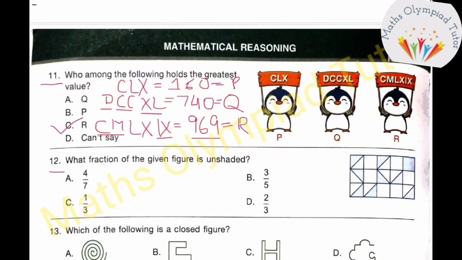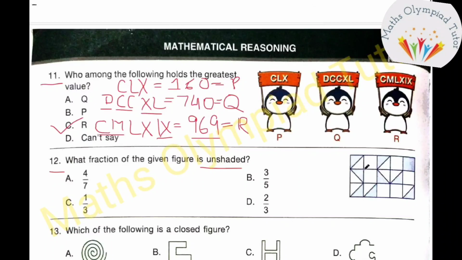Question 12 is, what fraction of given figure is unshaded? We have to find the figure which is unshaded here. As we can see here, the figure which is shaded and unshaded, we have to check the unshaded fraction. To find the fraction of unshaded part, we have to find how many parts are unshaded upon the total parts. That will give us the fraction.